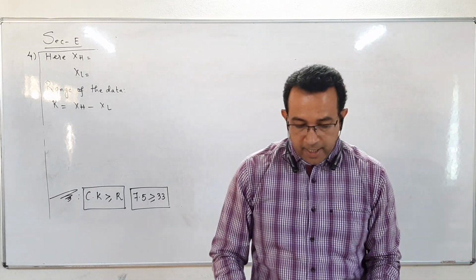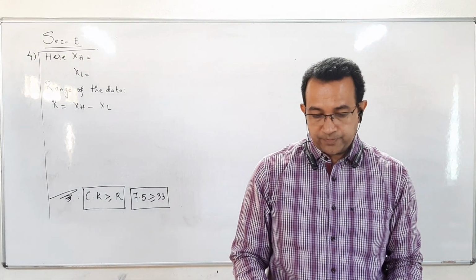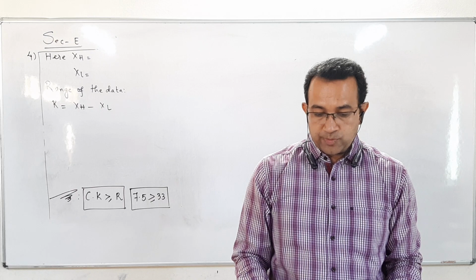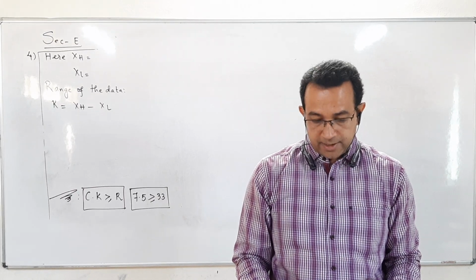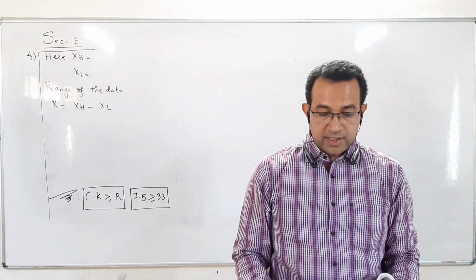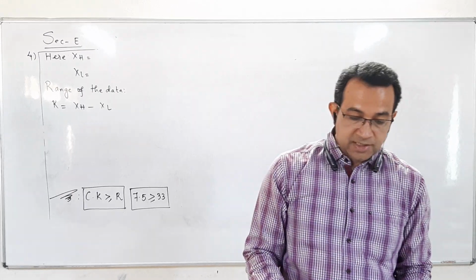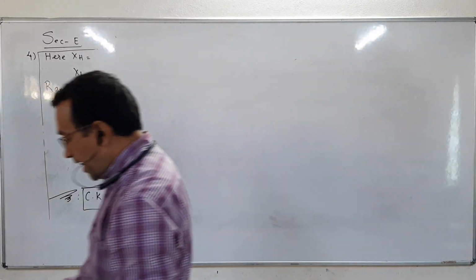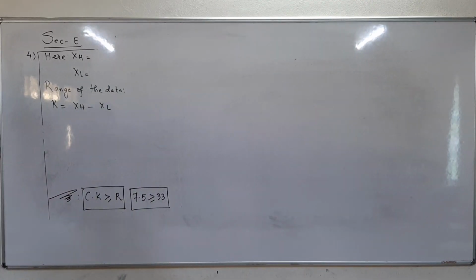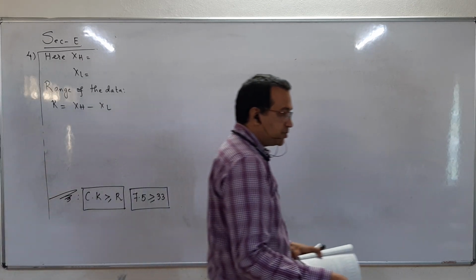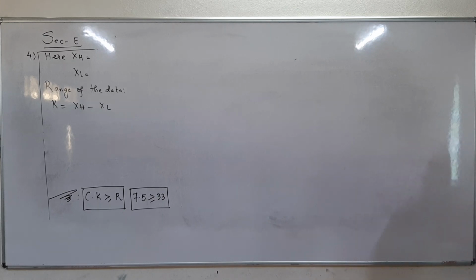The data obtained by inquiring the price of an item at 50 different shops are as under. Prepare a frequency distribution having the last class as 85 to 90. Okay, the distribution must end at 85 to 90.